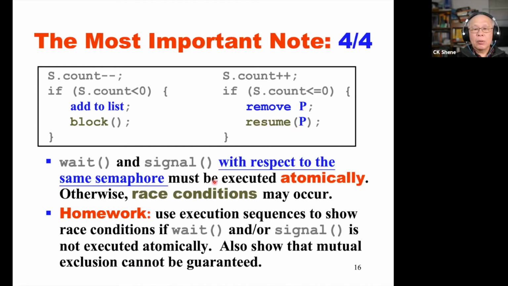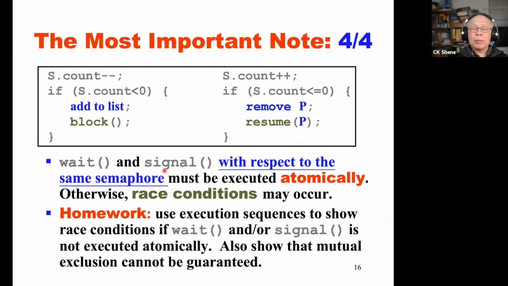And the last one is probably the most important, and most of you will simply ignore it because it's just like an atomic instruction. The wait and signal methods with respect to the same semaphore must be executed atomically, otherwise a race condition may occur.